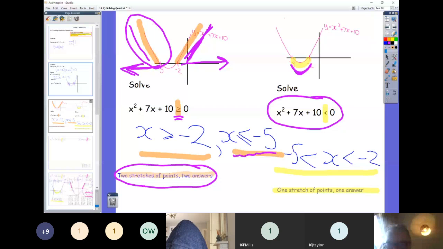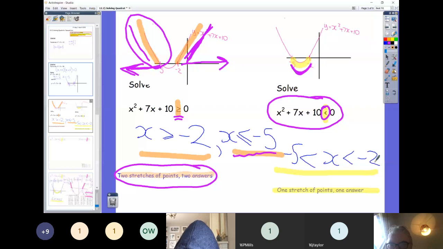Because the question did not have an equal sign, our answer will not have an equal sign as part of the inequalities. What is this stretch of points? It's all the points which are greater than -5 but less than -2. So we put x in the middle: x is less than -2, but at the same time, x is greater than -5.